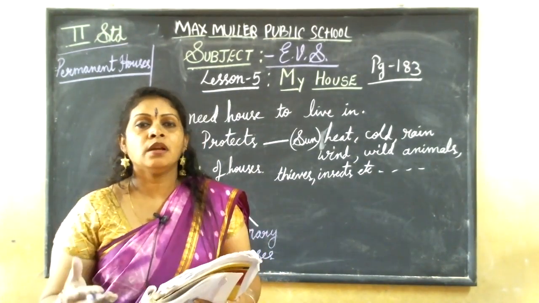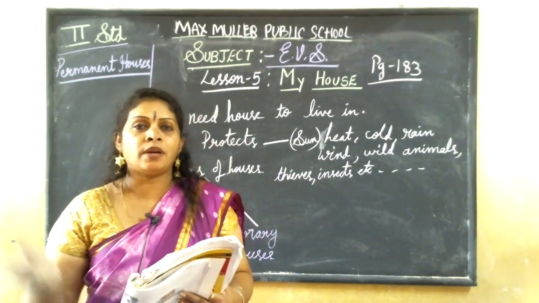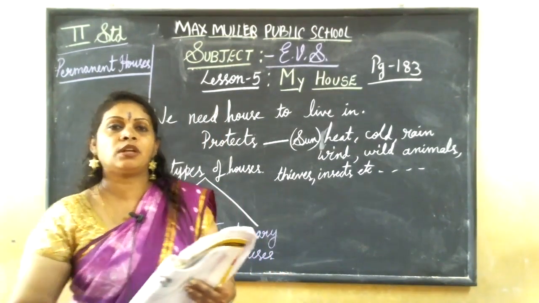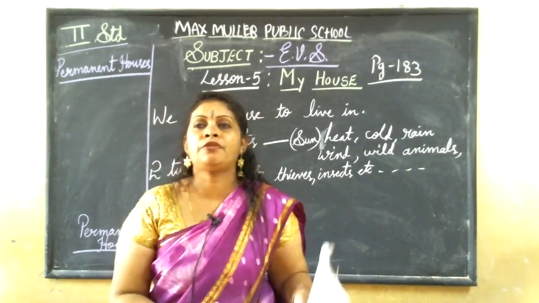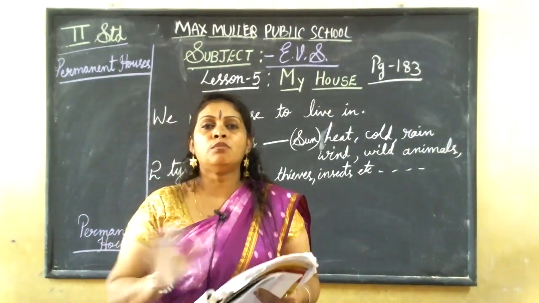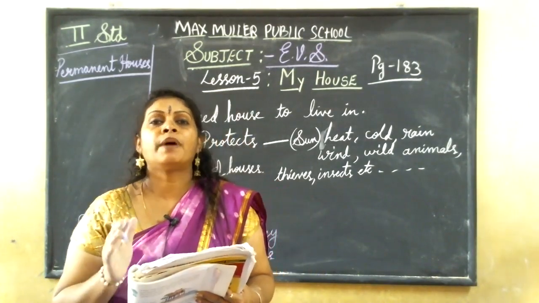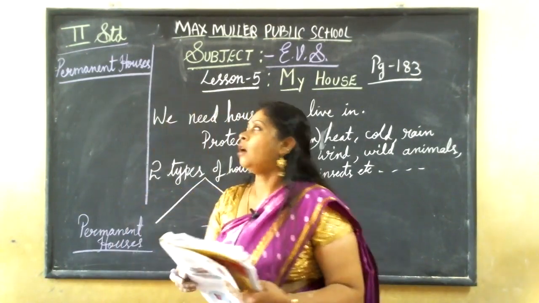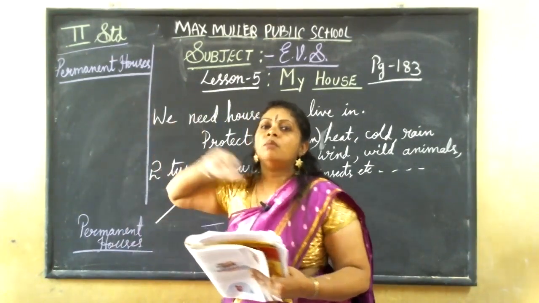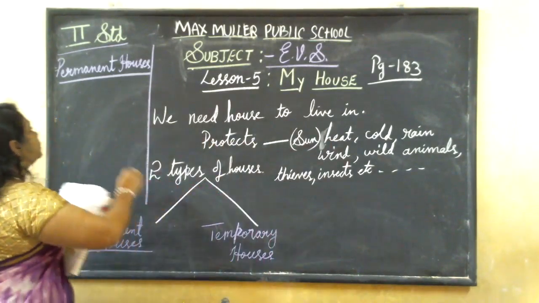The houses which they have constructed cannot be moved from one place to another. It is not a plaything that you lift from here to there. No, you can't move the house. So that kind of houses are called permanent houses.